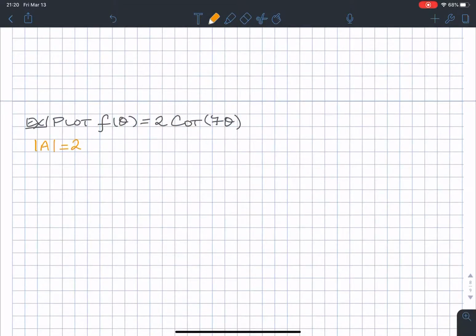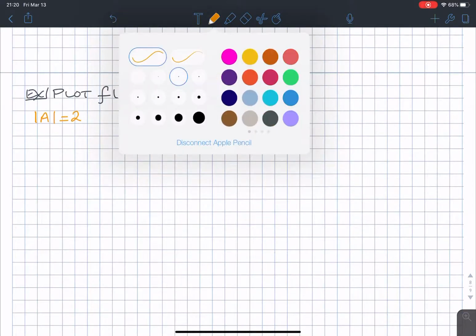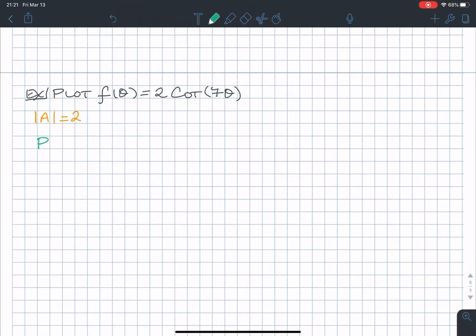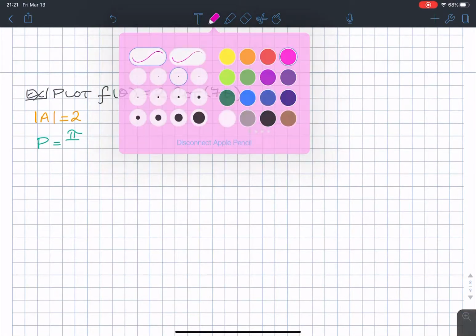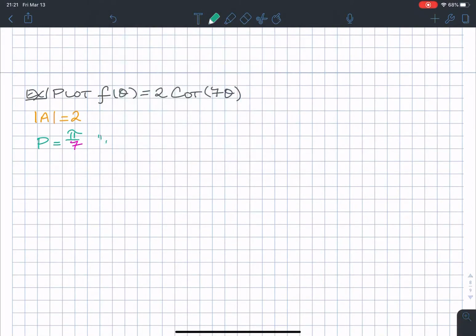That means it stretches vertically by a factor of 2. I know that my period is going to be pi divided by 7. But remember, that's for 2 quadrants, right? 2 quadrants. Okay, so what do we mean by that?